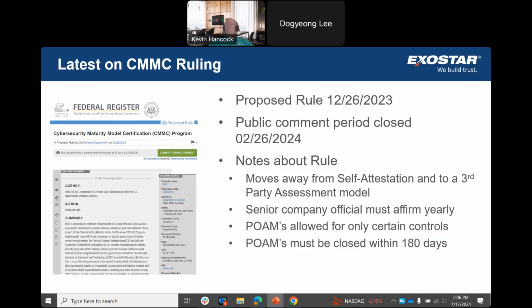And now the Department of Defense is going through, answering those questions, adjusting the proposed rule as appropriate, and then they'll be submitting the final rule. As part of that, they've also created all of the additional supporting materials that go along with that and posted those also into the Federal Register.